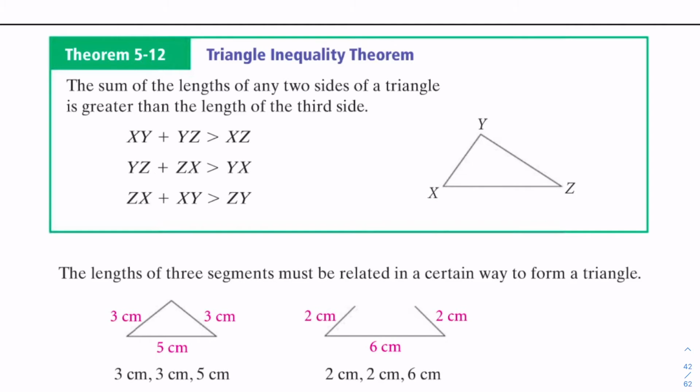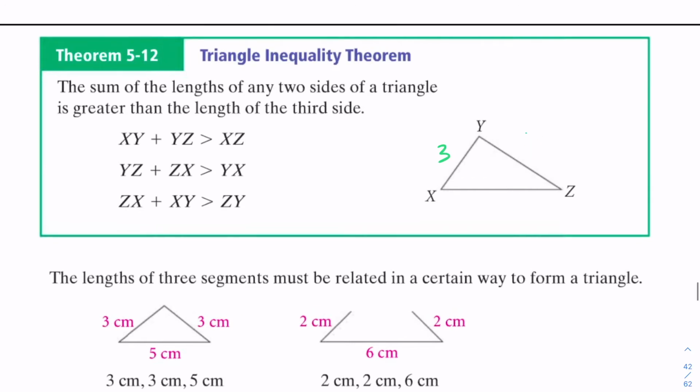So if I have sides 3, 4, and 5, what I know is that 3 plus 4 is greater than 5. 4 plus 5 is greater than 3. And 5 plus 3 is greater than 4. So two sides will always be greater than the third side when summed together, no matter what in a triangle.